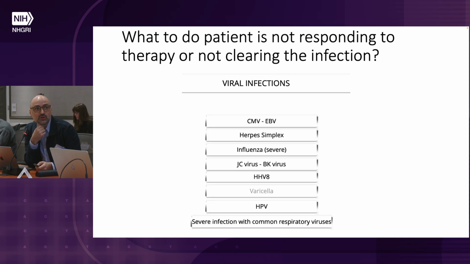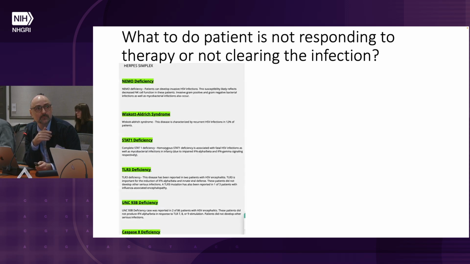And here for simple purposes, let's say we click that this patient has recurrent herpes that is not just labial, but is showing up on other parts of the skin, and what could be. So if you go and click there, this is what shows up.